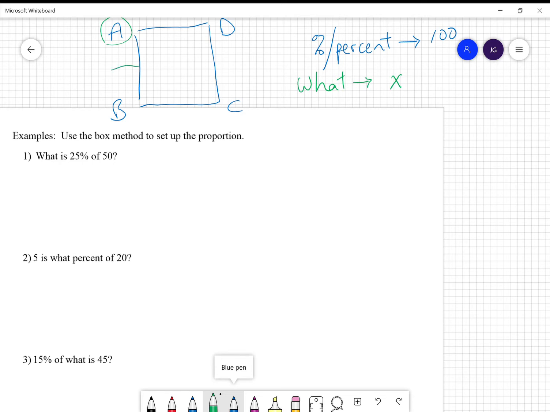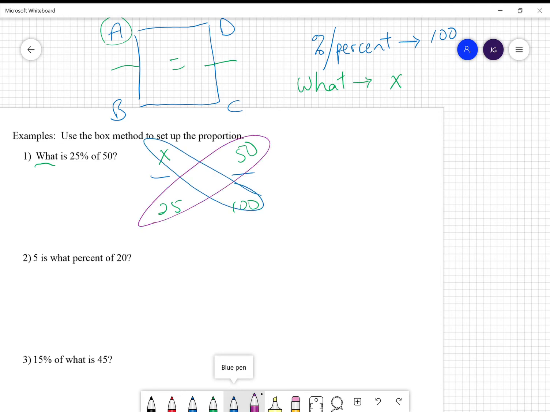So basically the author said, okay, you've got two fractions here. So what is 25% of 50 would be, what is A, 25 is B, percent is 100 is C, and 50 is D. Then you would do 100 times x and 25 times 50. 100x equals 1,250.